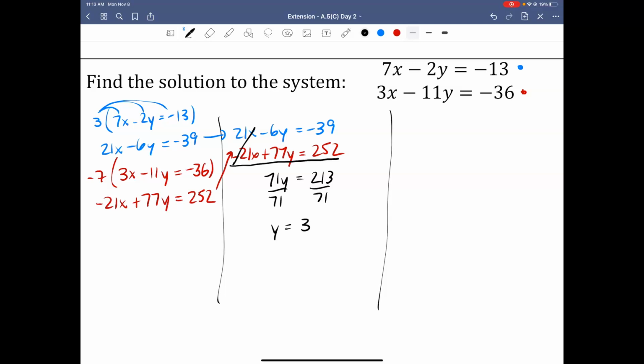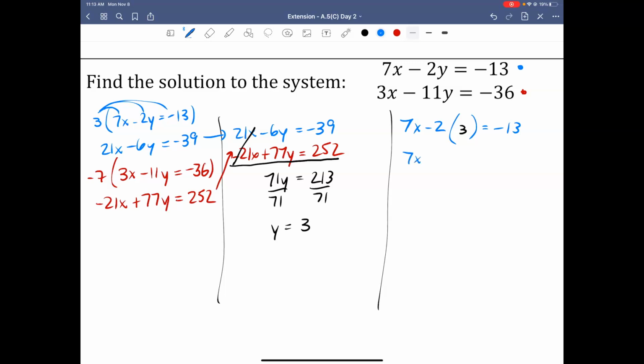And so we can take either of the first two equations, the original equations given in the question, and solve for x. And so what I'm going to do is take the blue equation, 7x minus 2 times y, which we found in the second column to be 3, is equal to -13.